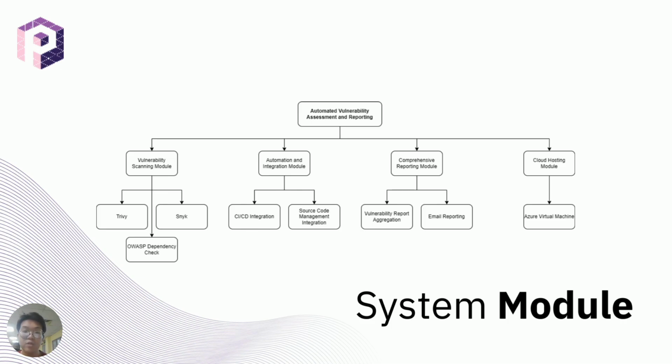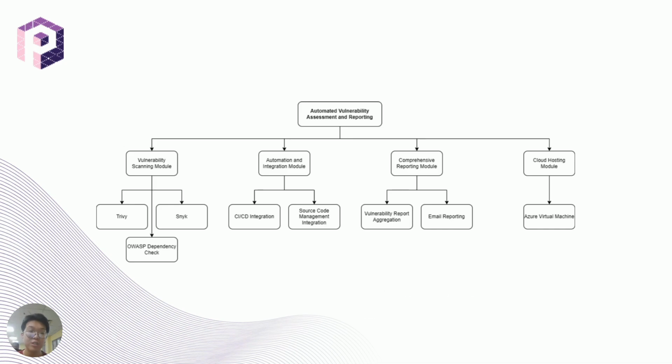The third is the comprehensive reporting module, where I aggregate the results from the three different tools and email them to the respective users. The last is the cloud hosting module, where I host everything on Azure virtual machines.